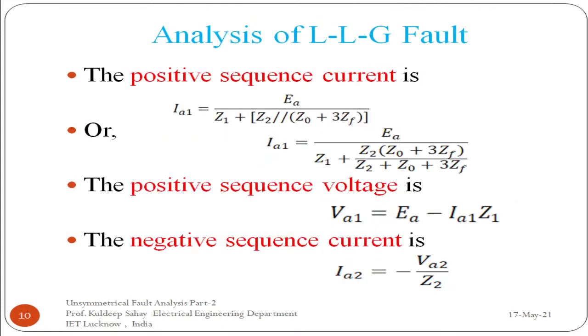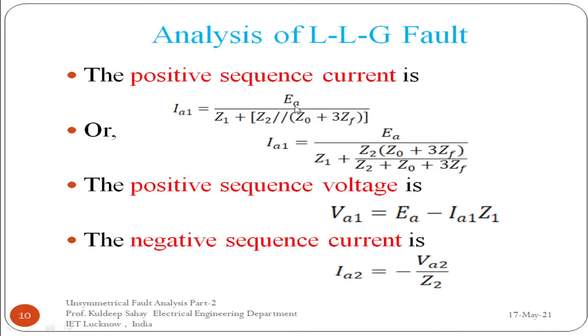Now, what is important further? If there is no fault impedance, what would happen? Here Z2 is parallel with Z0, so the net impedance is say Z dash.